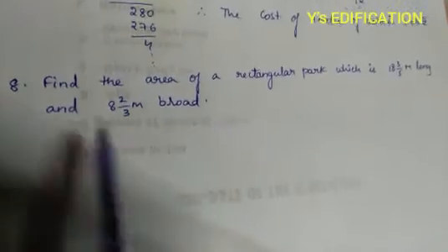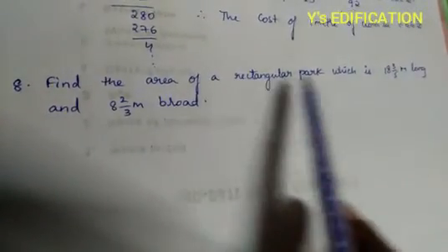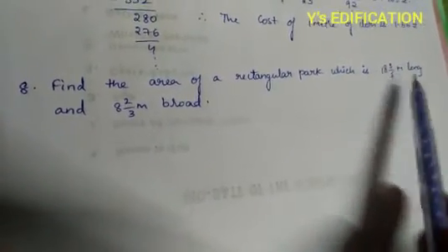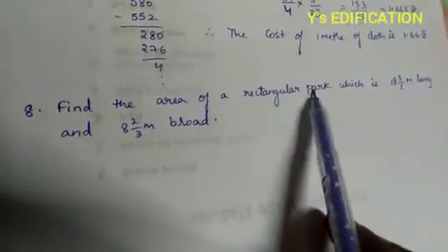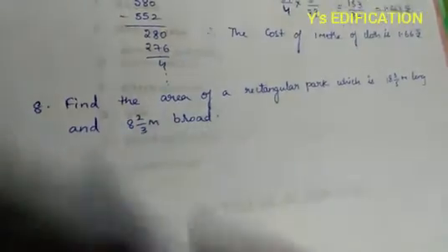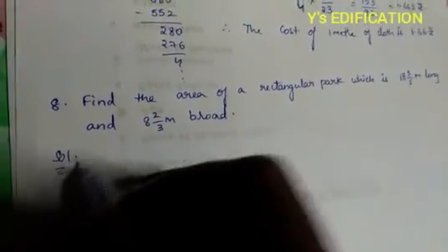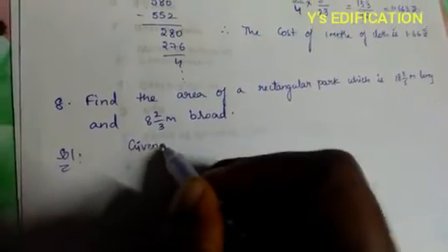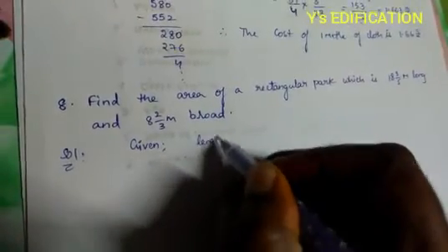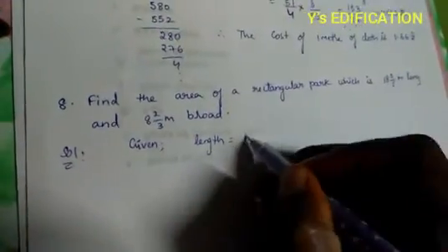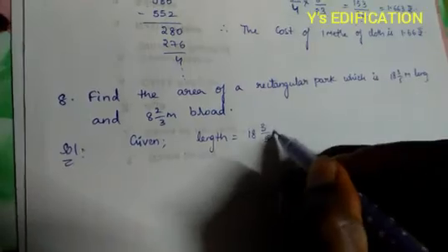Okay. Next question. Find the area of a rectangular park which is 18 3/5 meters long and 8 2/3 meters broad. We have to find the area of a rectangle. Simple. So first write down the given data. Given length, 18 3/5 meters.